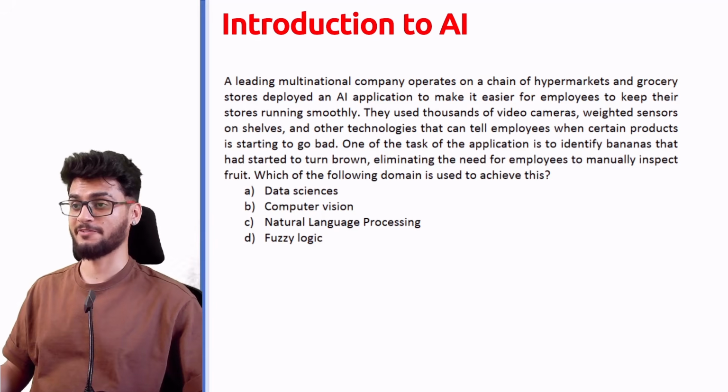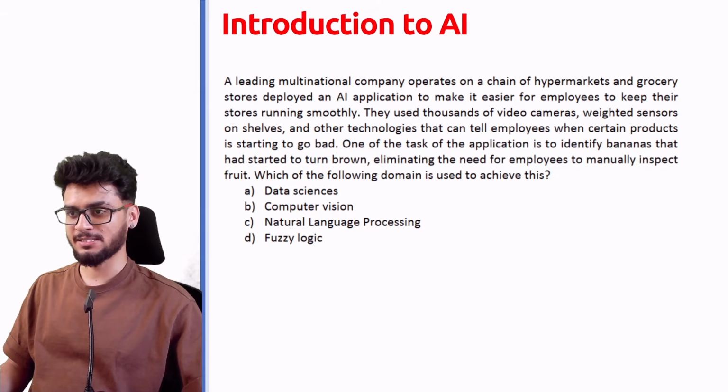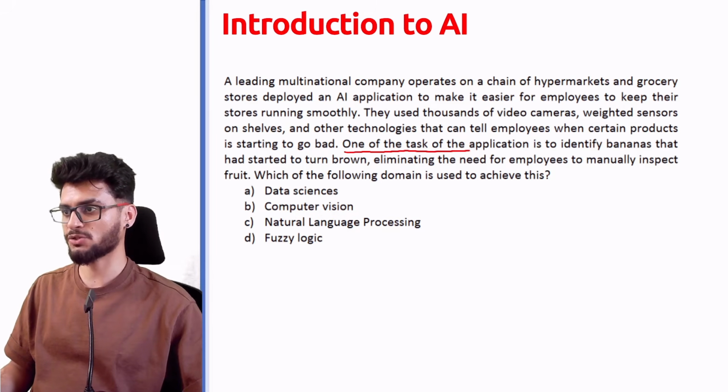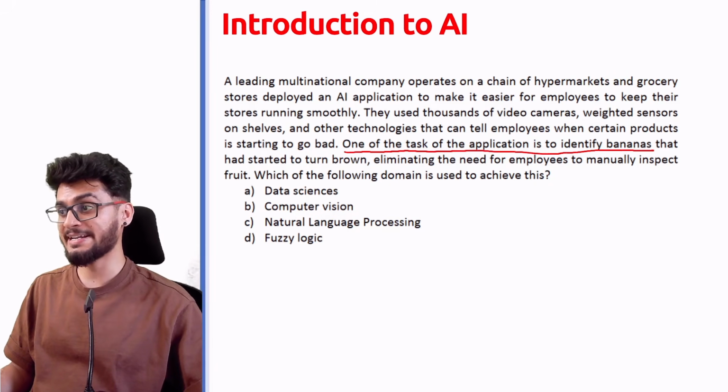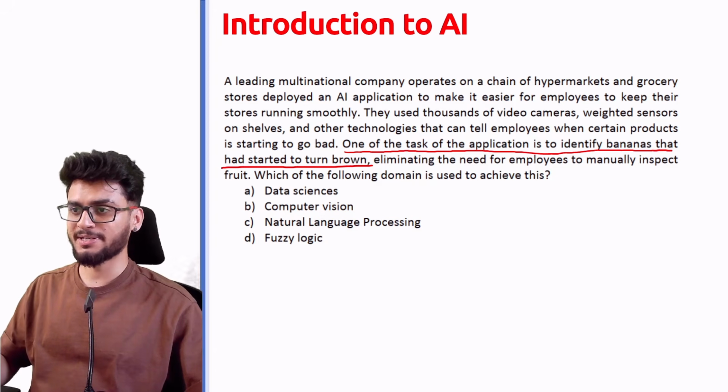All right, a very big question, but let's quickly have a look. So I will read between the lines. You can pause the video and read the entire question, but the important part is one of the tasks of the application is to identify bananas that have started to turn brown. Then how do you determine which bananas have gone bad?